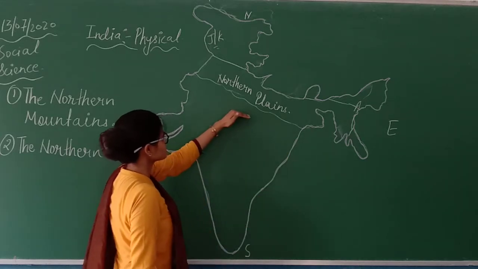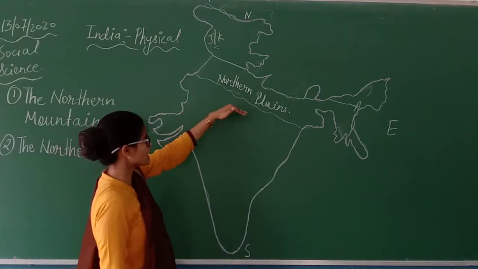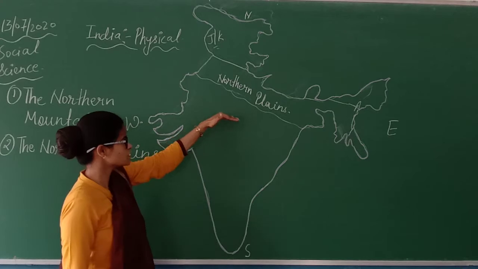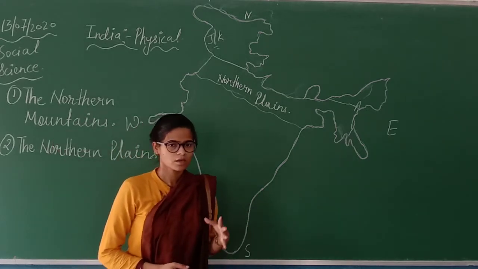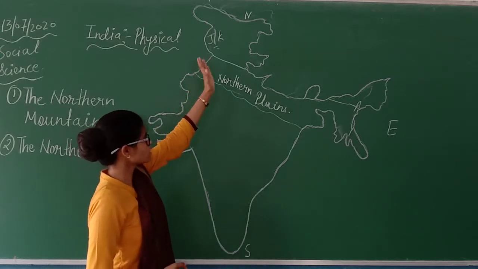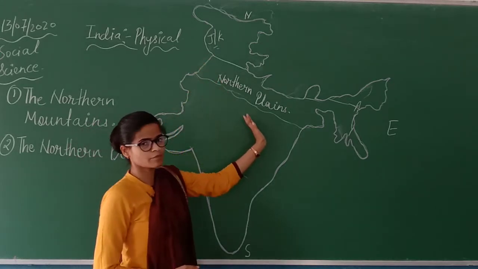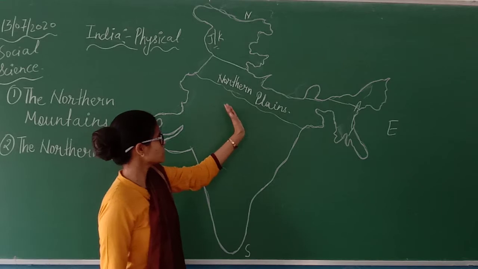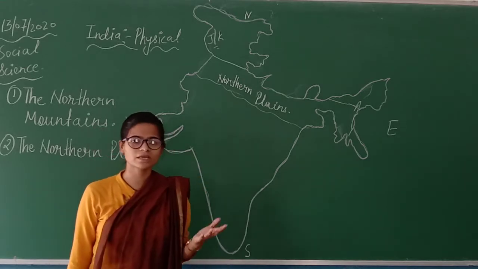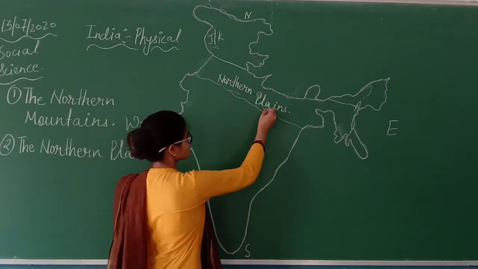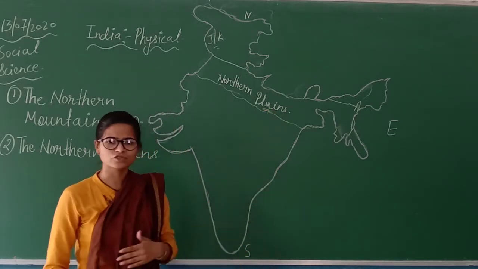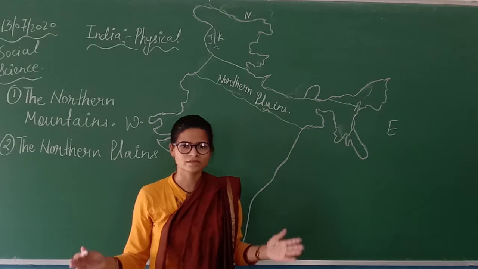Now, as you can see, the Northern Plains are at the foothills of the Himalayas. When the rivers flow from the mountains, they enter the plain area and deposit all their silt over these plains. Now you will ask me, ma'am, what is a plain? A plain is just a flat land surface.